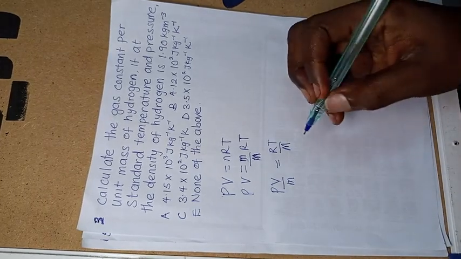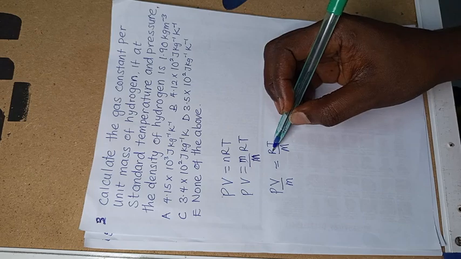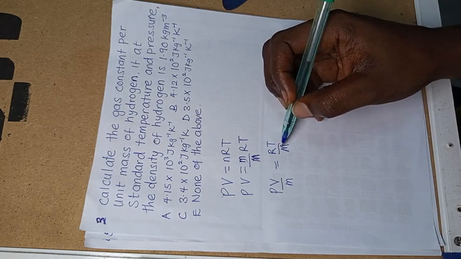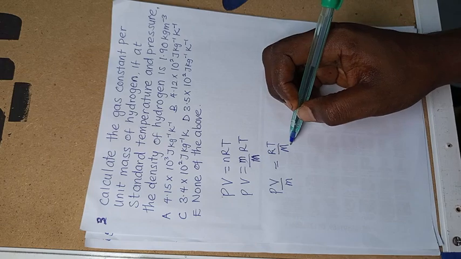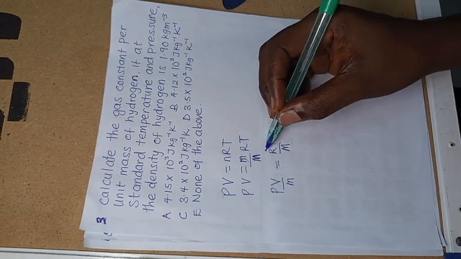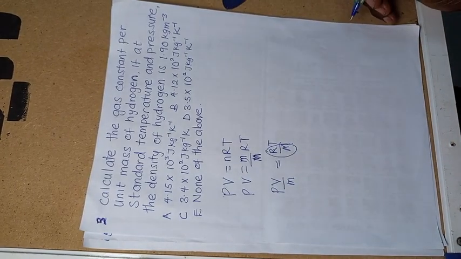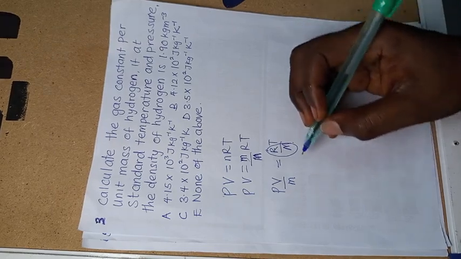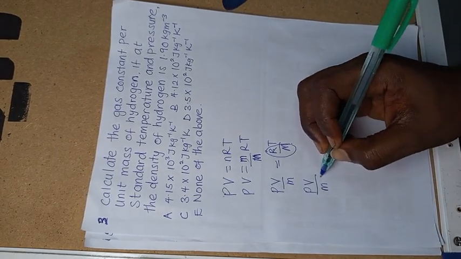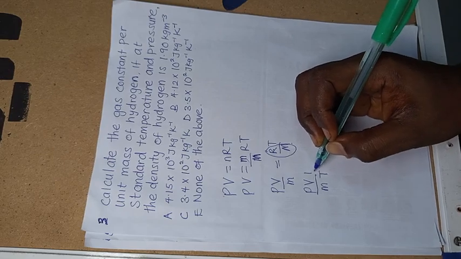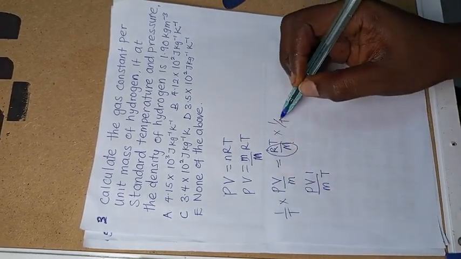Don't forget that we are looking to calculate the gas constant per unit mass of hydrogen. This is what we are looking for. So how do we make that the subject of the formula? Divide all through by T again. So I want PV over mass times 1 over T. If you multiply both sides by 1 over T to remove the T, this one will cancel.